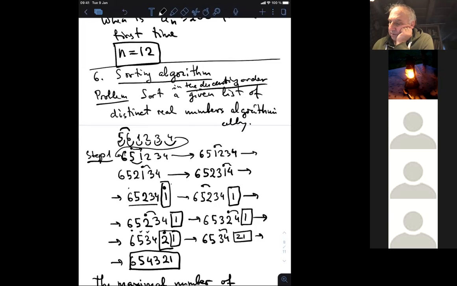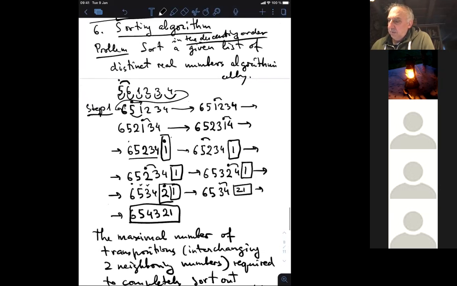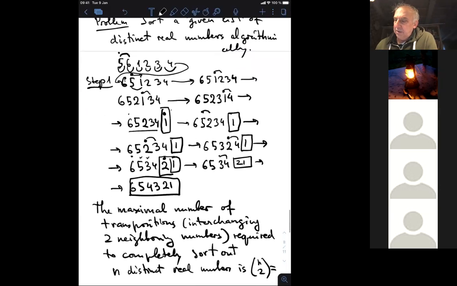And so our sorting bubble started at the first position, and it can move maximally n minus 1 times to get to the last position. And when it's there, it's at the last position.